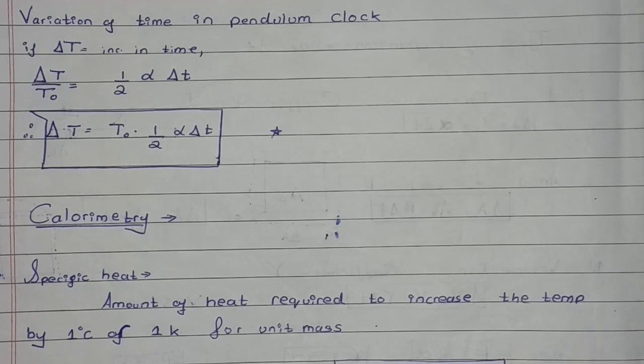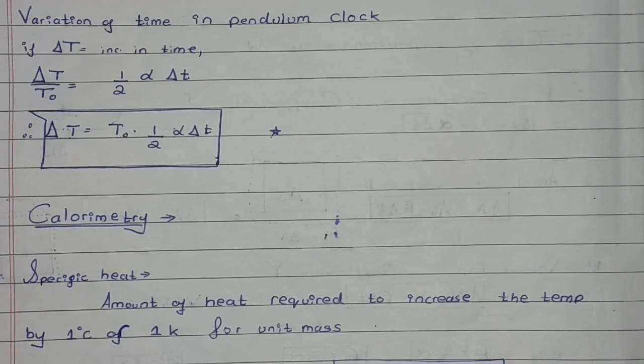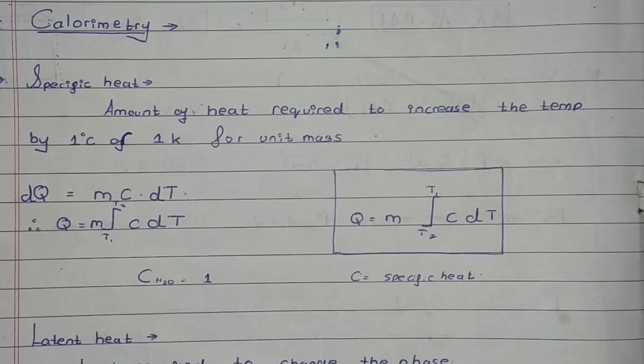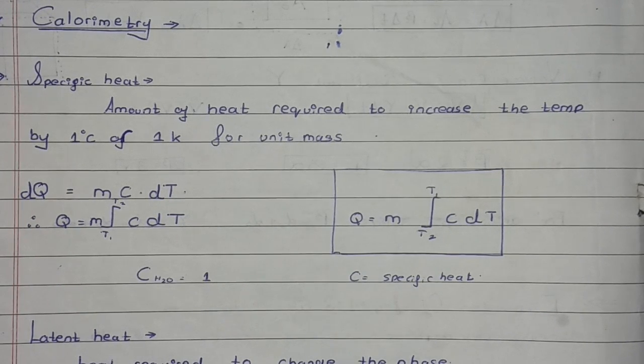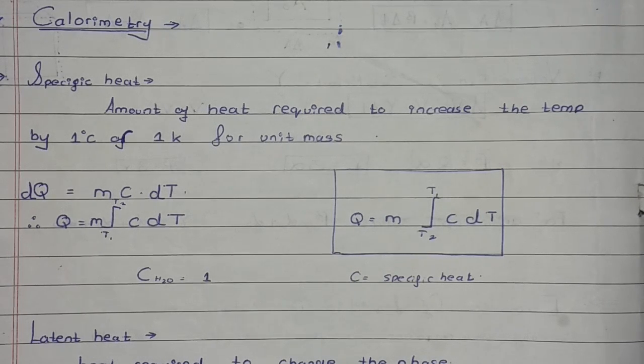And now one of the most important parts of heat, that is calorimetry. Now what does this tell us? The first thing we have is specific heat. What is specific heat? As you can see, I created these notes a week ago. I wrote it: the amount of heat required to increase the temperature by 1 degree Celsius or 1 Kelvin for unit mass.